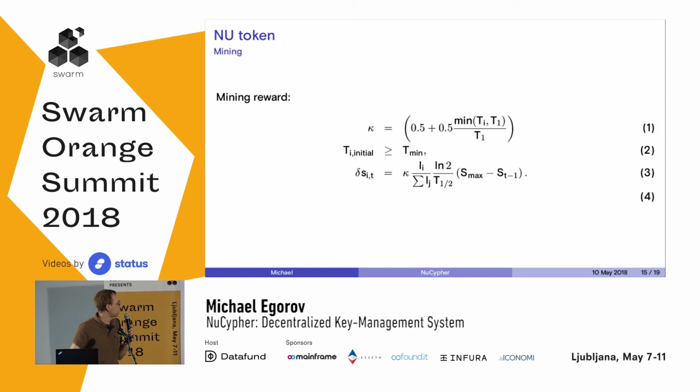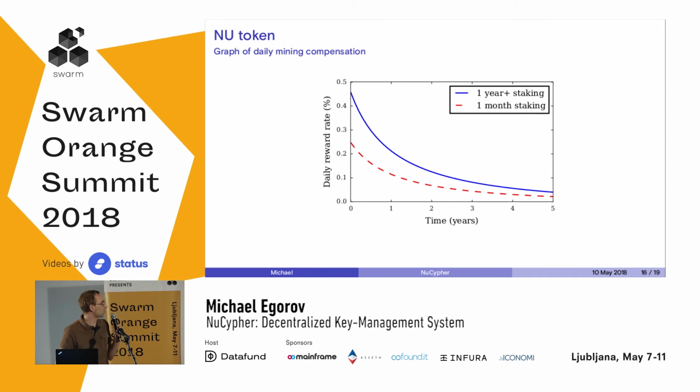And mining rewards, well, I guess I'll just show this. The reward rate is exponentially decreasing, and if you commit to holding policies for a long time, your reward rate is higher. This commitment time is how long you can grant access for.